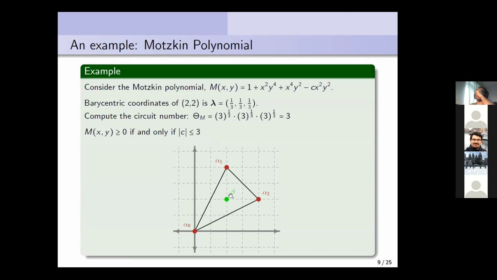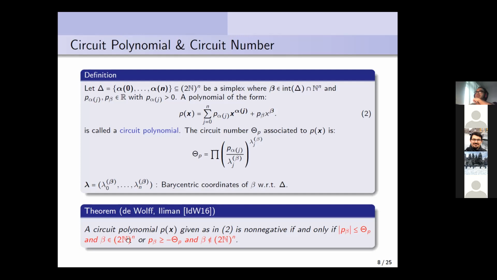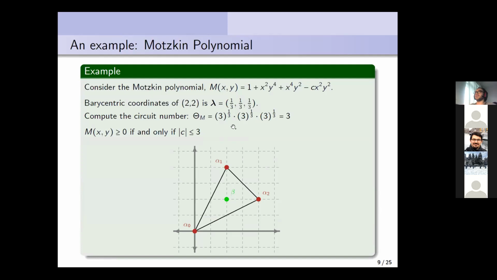Since this beta is an even point, the condition tells you that the absolute value of p beta has to be less than or equal to theta p, and this is exactly what we do here. So this polynomial is non-negative if and only if this holds. One good thing here is that no matter what you have in the coefficients, even if these are parameterized coefficients, you will have some sort of symbolic condition over here instead of 3.